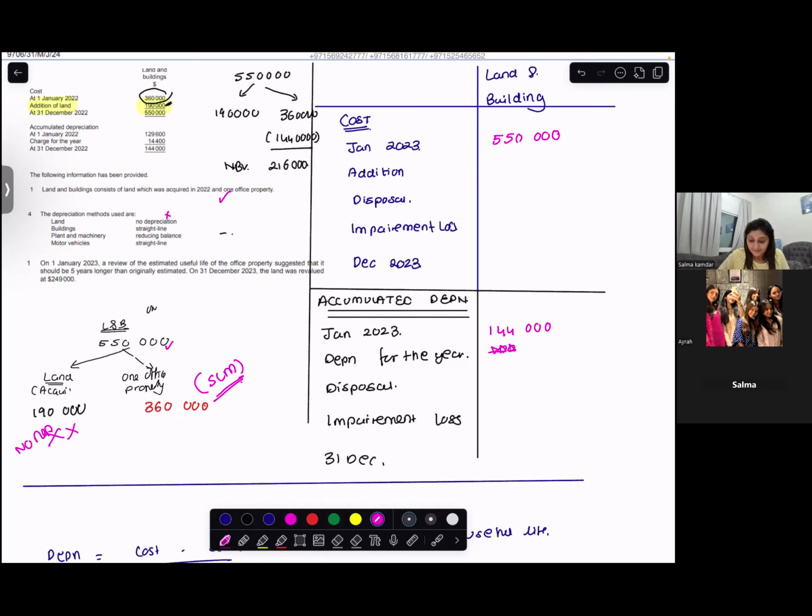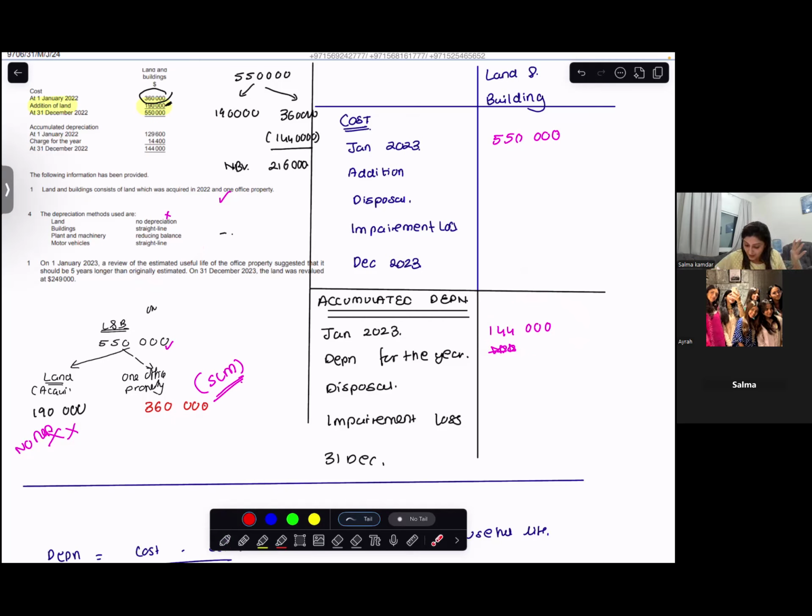Now they say on the 1st of January, I did a review of the estimated useful life of the office property, and it suggests that my estimated useful life should be 5 years longer than the original estimate.